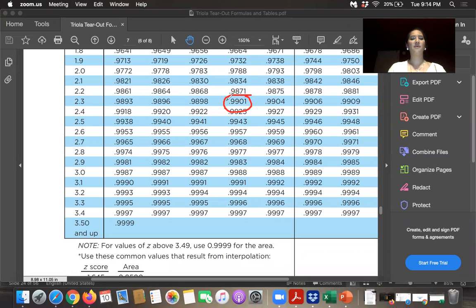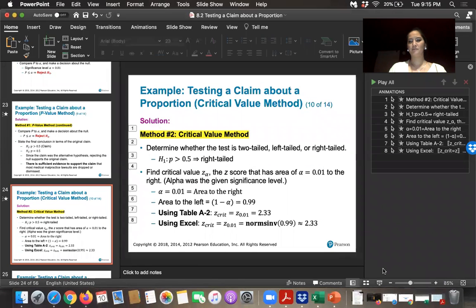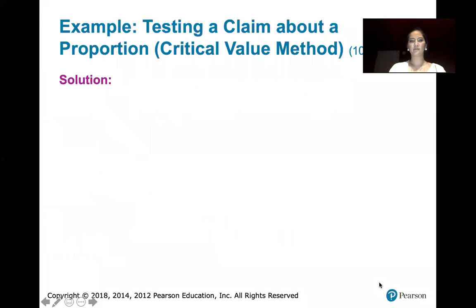So that's off by 0.0001. Well, the z-score that goes with that is z equals 2.3. This is 2.30, 2.31, 2.32, 2.33 goes with this area to the left. So that's approximately 2.33 as our critical value.